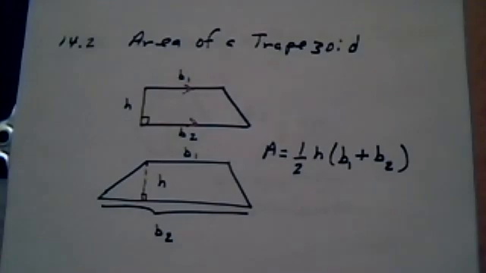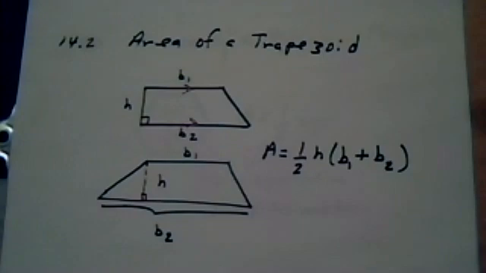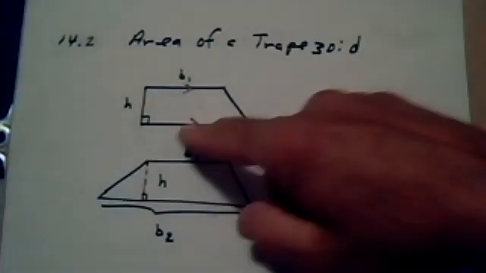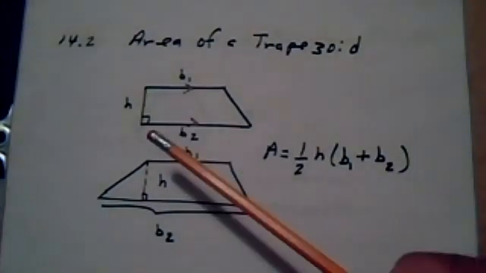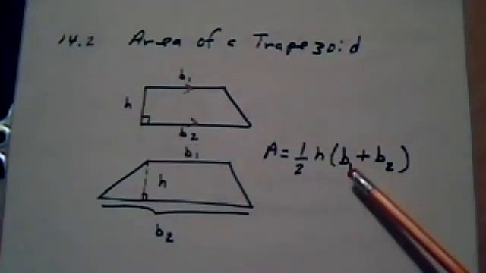So base 1 and base 2 are parallel. By definition, that's a trapezoid. So this is base 1, base 2. Notice the height is the one that joins the two bases perpendicularly. So all you have to do is identify your height and the two bases, add the bases, then multiply times the height and take half.